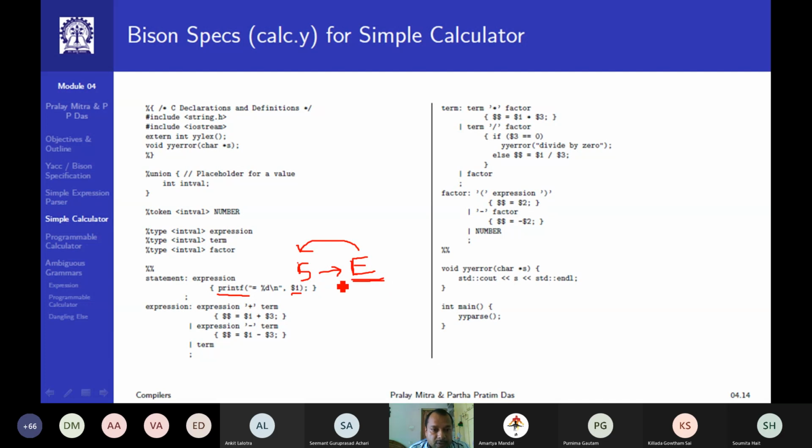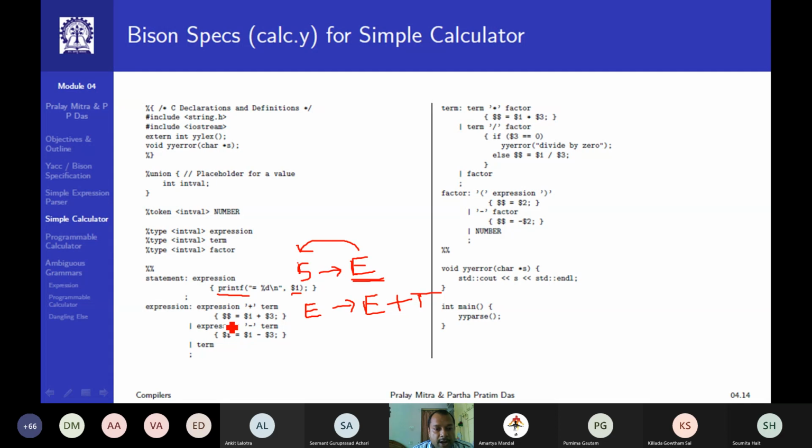Now for the second one, it was expression colon expression within single quote addition term. Which means the production rule was E derives, if you remember, E plus T, right? Now what will be my action?